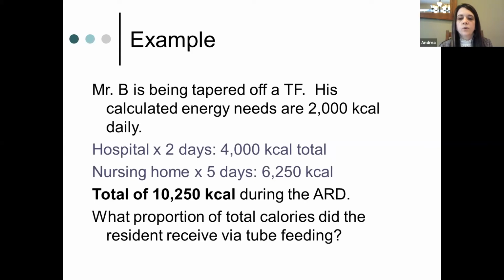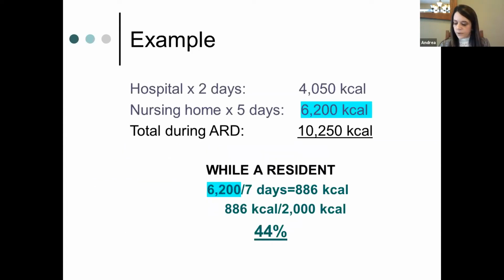What proportion of the total calories did the resident receive via tube feeding? First, we're going to look at while they were a resident. So the total while a resident was 6,200. I would take those calories divided by the total 7 days of the ARD period for a total of 886 calories.